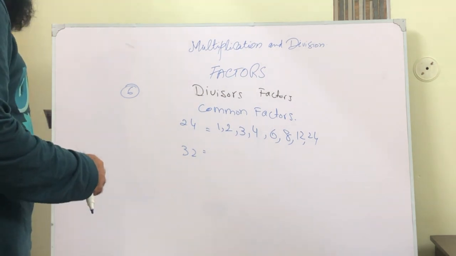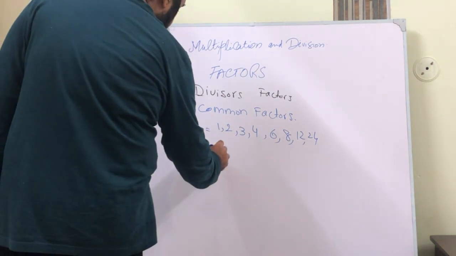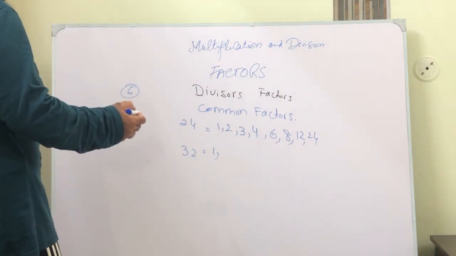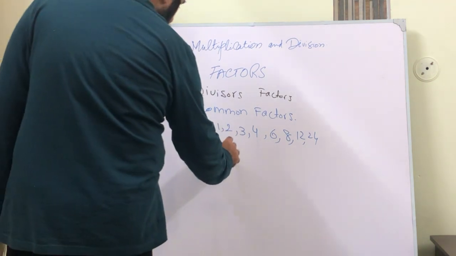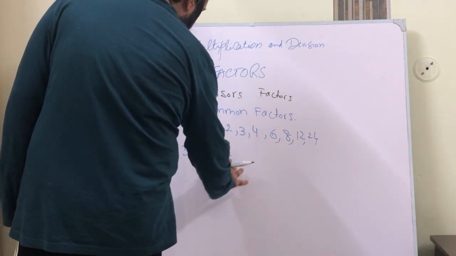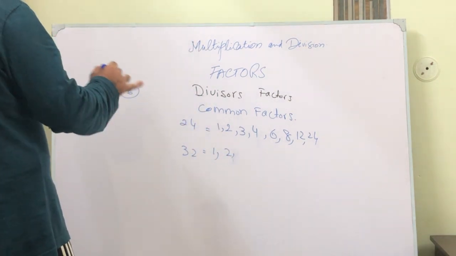Similarly, we will be finding the factors for 32. We can divide it with 1, no remainder. 1 32 is 32. With 2, 2 into 16 is 32, so 0 remainder. Then we can divide with 4. 4 8s are 32, no remainder.